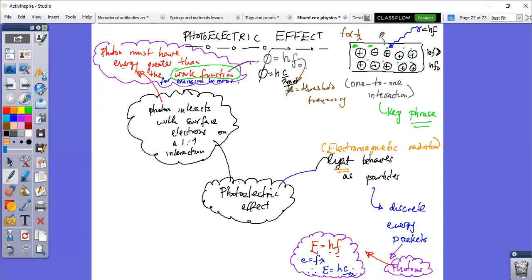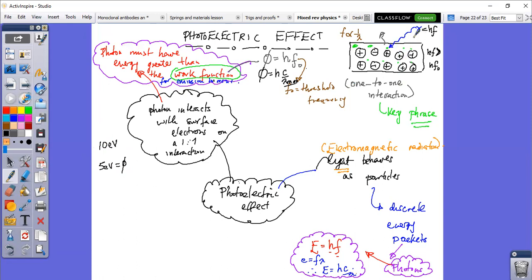So imagine the work function is 5 electron volts and the photon comes in with 10 electron volts. What's going to happen to the excess 5 electron volts of energy left? I'm not sure. Okay, not to worry.